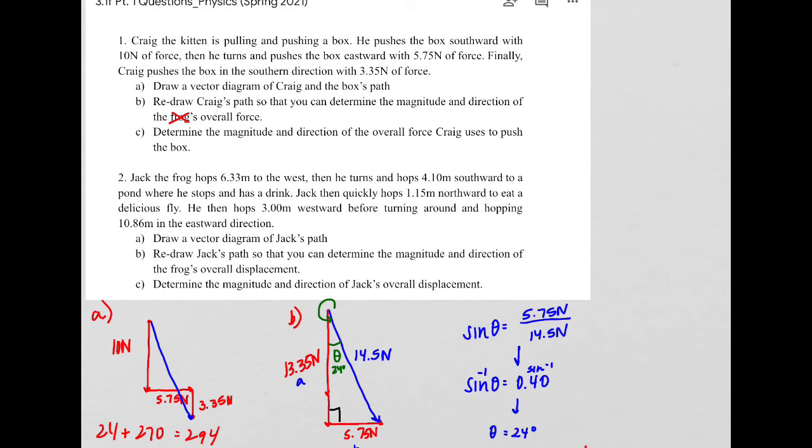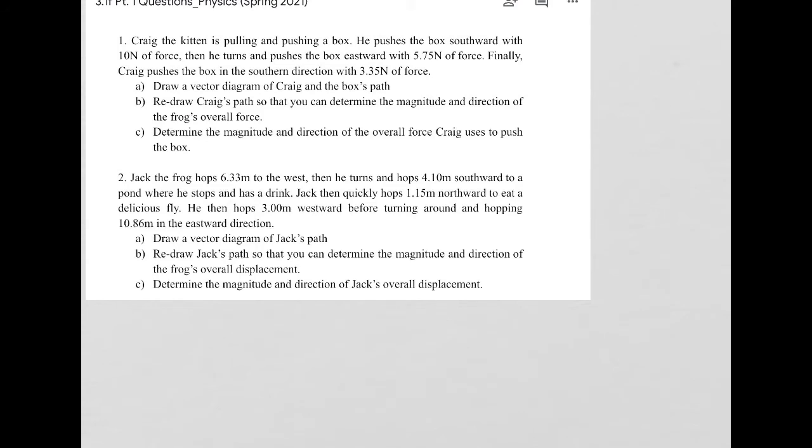Let's do number two real quick. All right. Number two says that Jack the Frog hops 6.33 meters to the west. So let's just draw it while we're reading. He's going to hop 6.33 meters to the west.